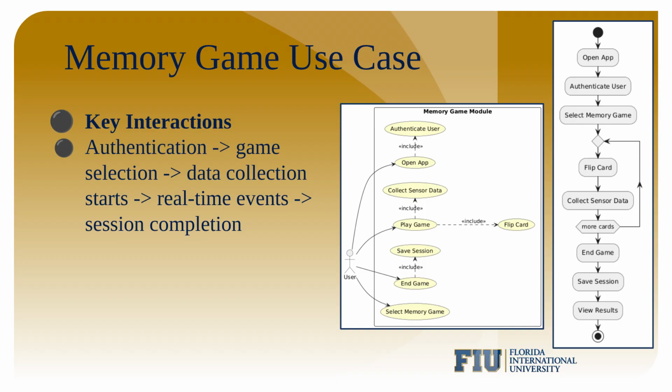So the user initially opens the game, then it provides an instruction manual, then you can click start game, and then the user goes into a game loop until the game is completed, during which the game collects data based off their movements, and then once the user finishes the game, the data is saved and then uploaded to Firebase. The image on the right is essentially the same thing I just described, but just a more linear flow rather than an open possibility of all the options the user has at once.